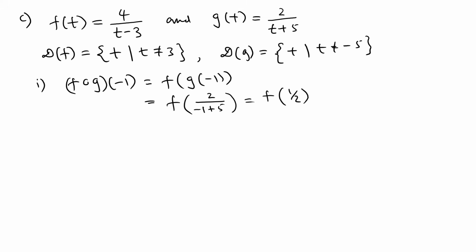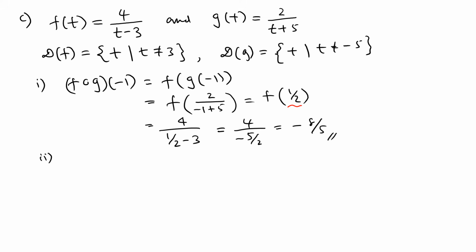So now what we can do is go to the f function and plug in 1/2. So what happens is 4 divided by 1/2 minus 3. Now we're going to simplify this. So it is 4 divided by negative 5/2. And then when you multiply by 2 on both sides, you're going to get negative 8/5.